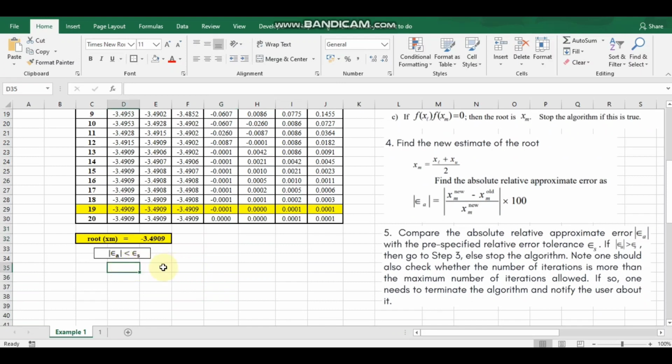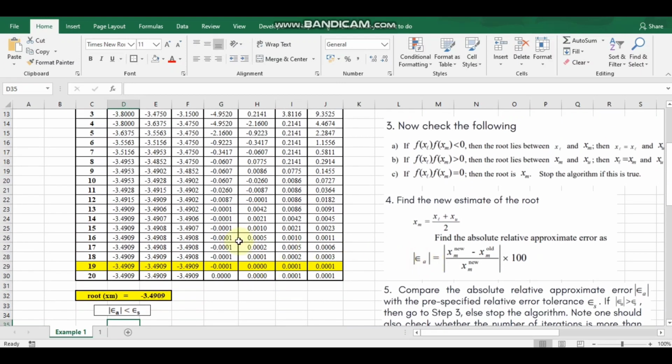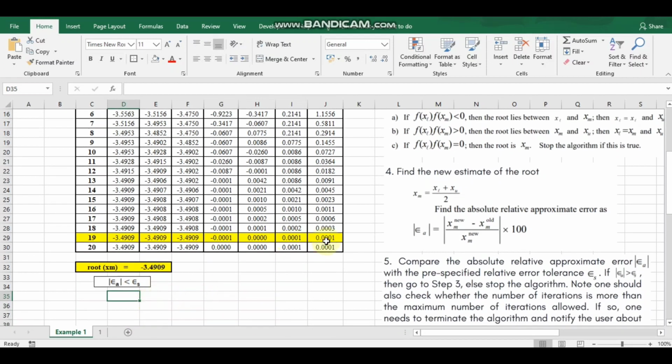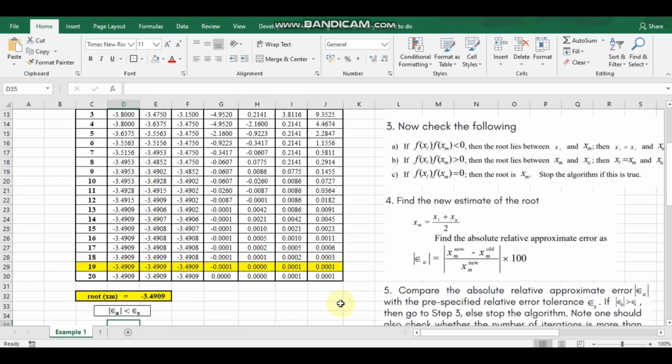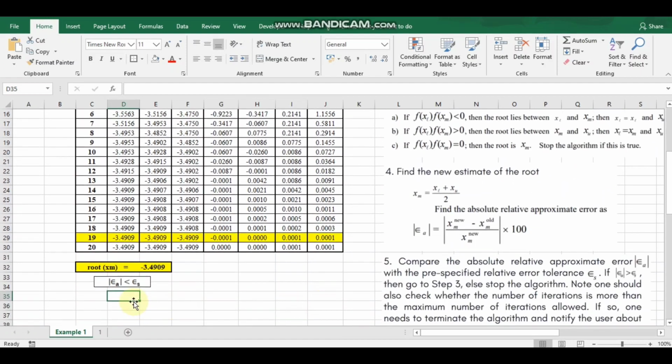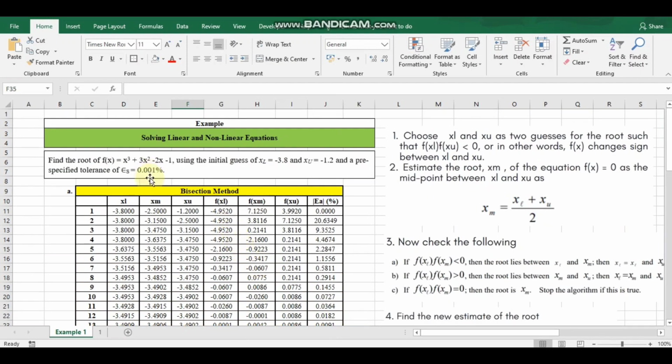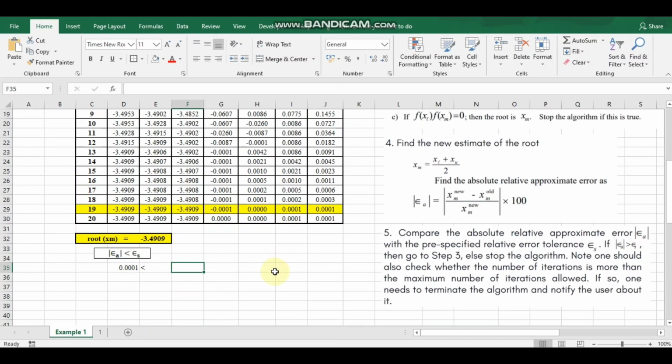It also says that our absolute relative approximate error, our EA, is this one, and it is less than our pre-specified tolerance, which is 0.001%.